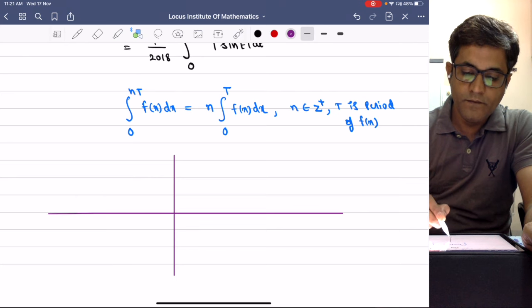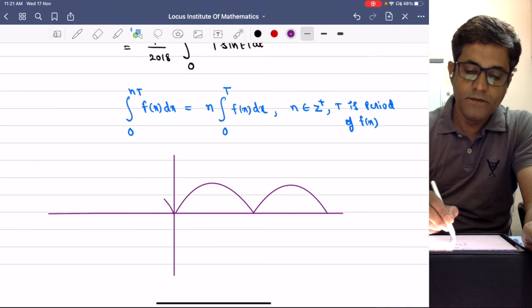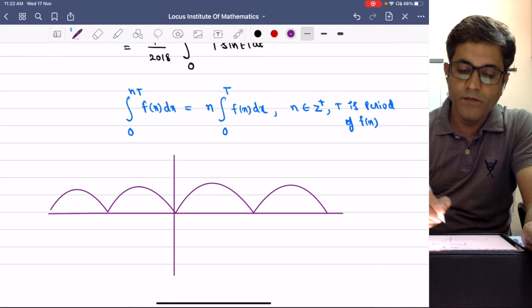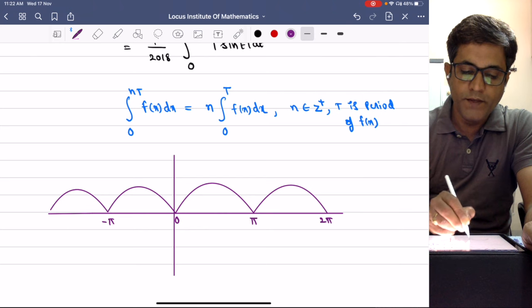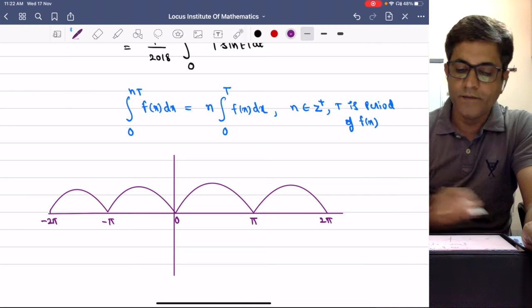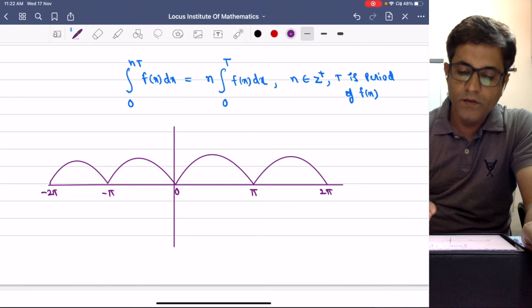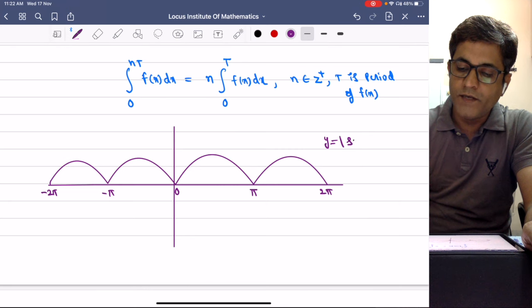This is the rough graph of |sin t|, with 0, π, 2π, and minus π, minus 2π, etc. This is the graph of y equals |sin t|.